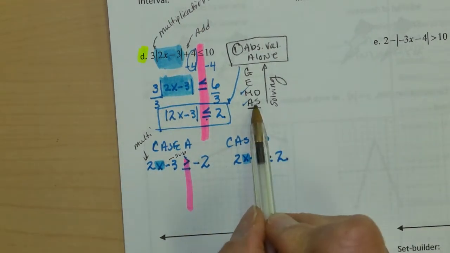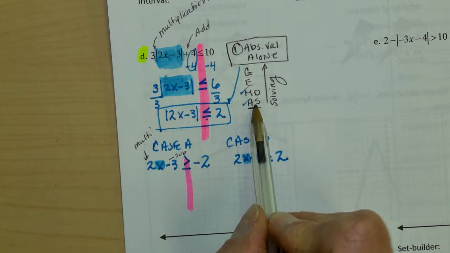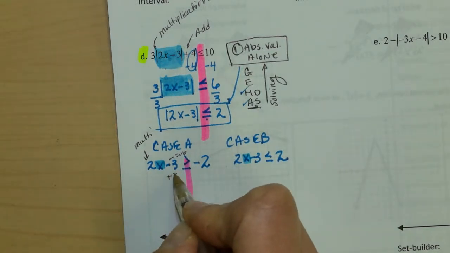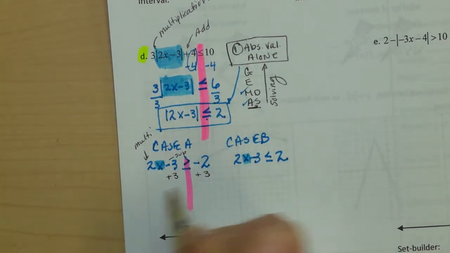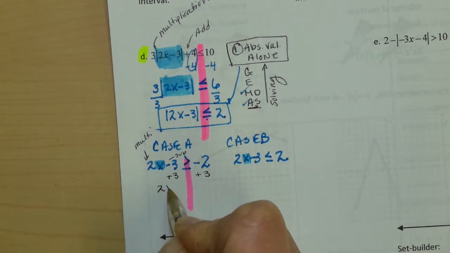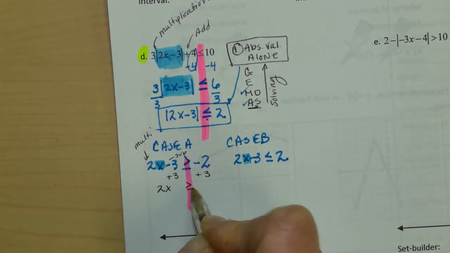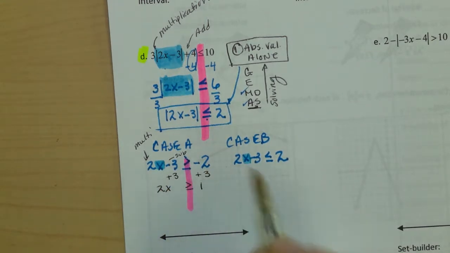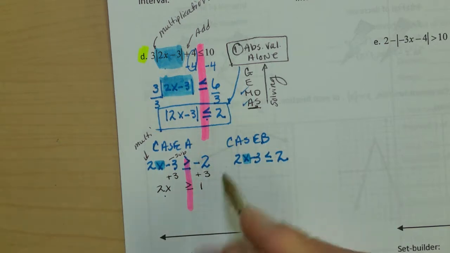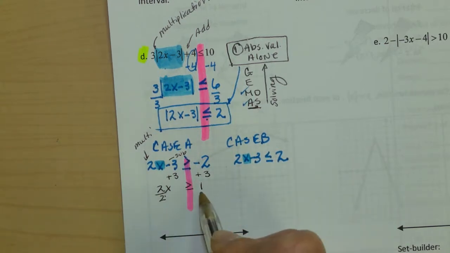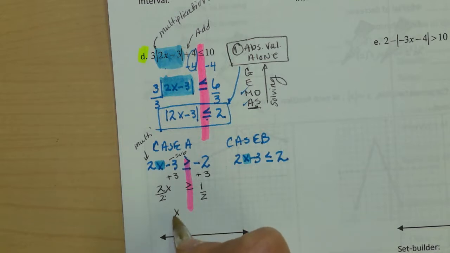So the first thing I have to do is unadd or unsubtract. I'm going to add 3 to both sides. That gives me 2x is greater than or equal to 1. And now what do I have? I have multiplication, so I'm going to divide. And I have x is greater than or equal to 1/2.